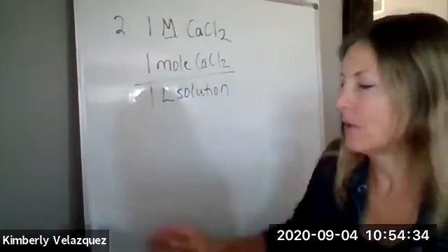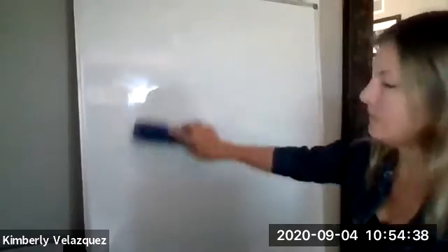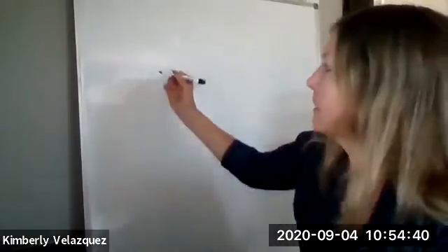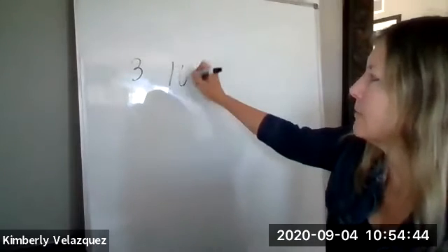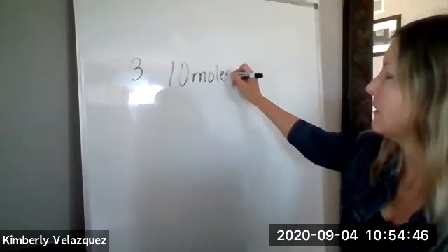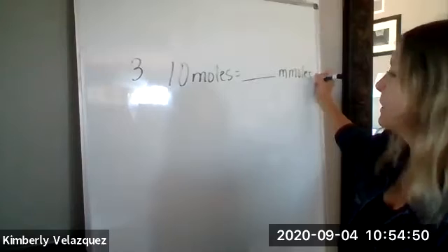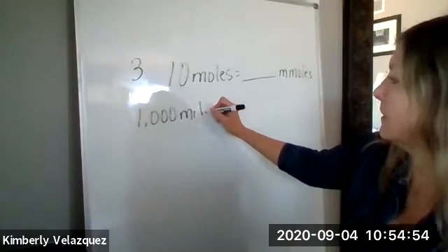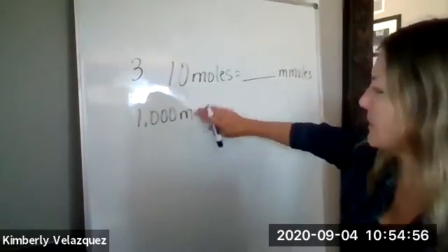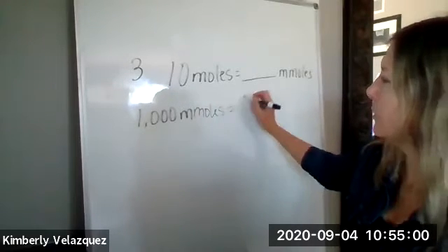Okay, number 3, converting to millimoles. I'm just going to do one example. Okay, so 10 moles equals blank millimoles. Remember, there are 1,000 millimoles in 1 mole.